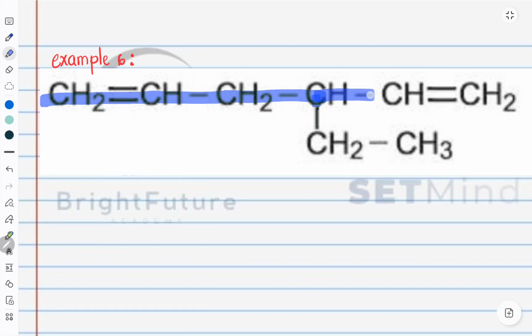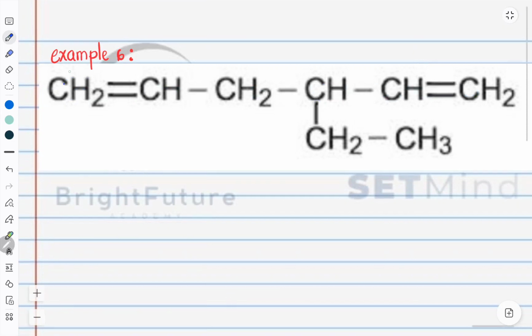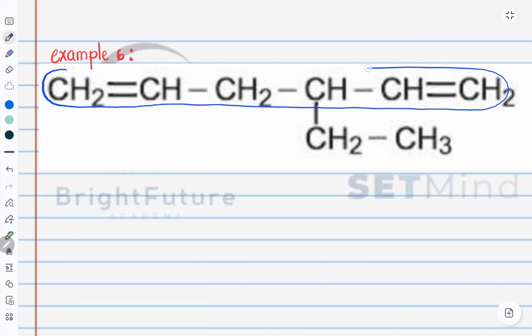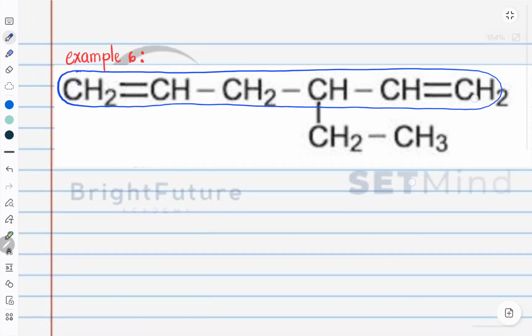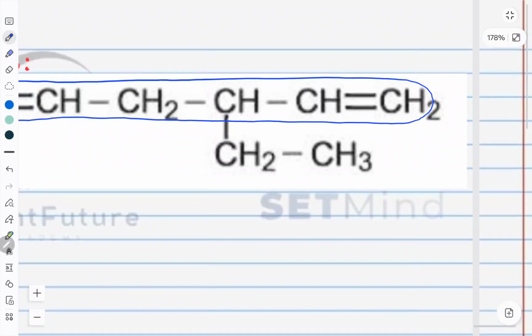So I have to continue and go all the way there. So it means there's only one chain that I can identify here, or that's valid. So it has to be this one. That's my parent chain. Or main.